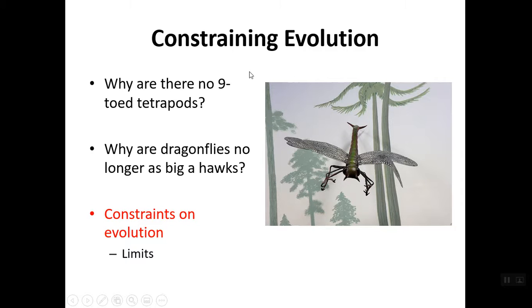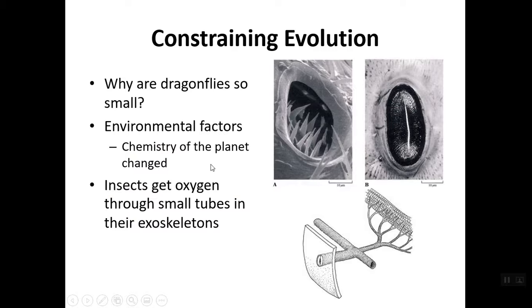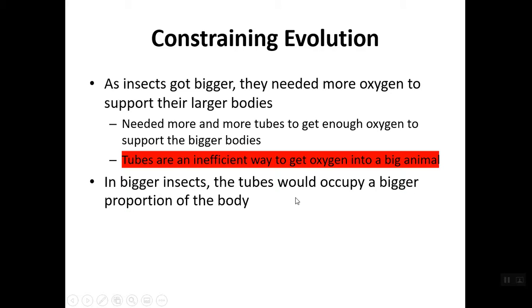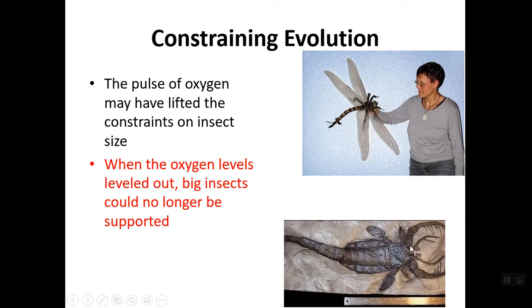Look how big these scorpions were, oh my goodness. In the past, thank God they're not so big anymore. This could be the size of a dragonfly.